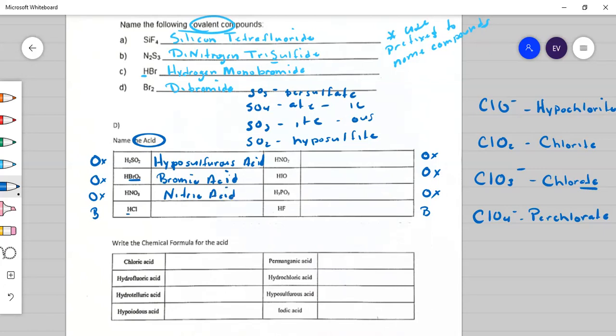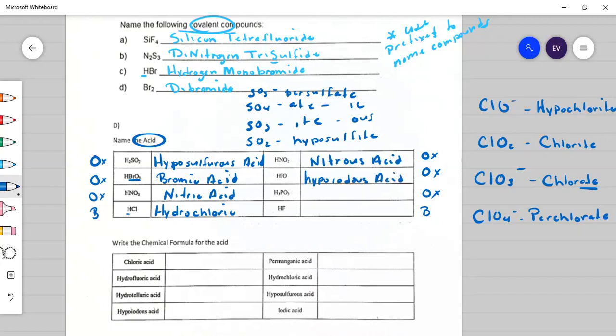Binary acid uses the hydro prefix, so this becomes hydrochloric acid. Nitrite becomes nitrous acid. This is iodate, right? So this is the form of iodate with less oxygens, so this one is hypoiodous acid.